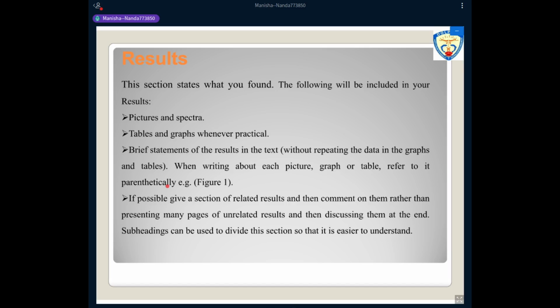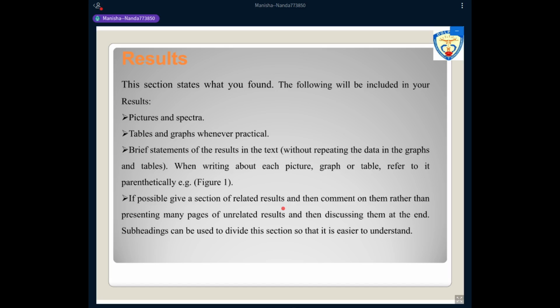Whatever figures and tables you refer to, it is necessary to mention those figures and tables in brackets. If possible, give a section of related results and then comment on them, rather than presenting many pages of unrelated results and then discussing them at the end. Subheadings can be used to divide this section so that it is easier to understand. Obviously, you'll make subheadings because you should always write your results in coordination with whatever methodology or experiments you have done.